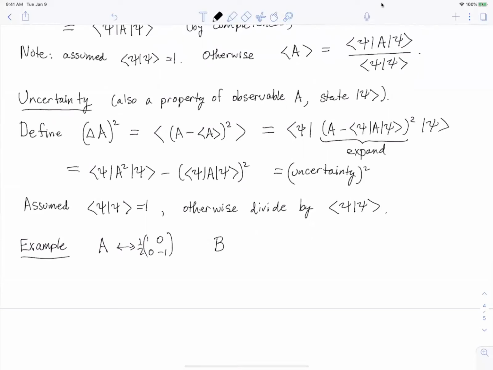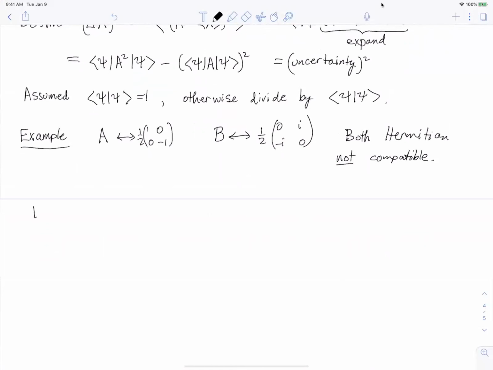And B is going to be represented by an operator 1/2 times 0, i, minus i, 0. Okay, and these are both Hermitian, but they do not commute. They're not compatible operators. But that's okay. Nobody ever promised you that operators would always commute, and a lot of times they won't.